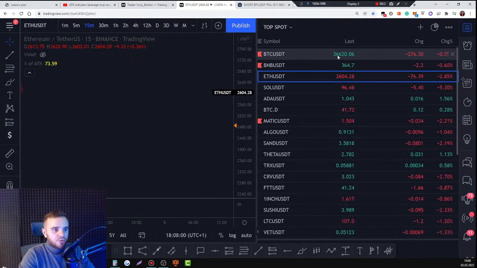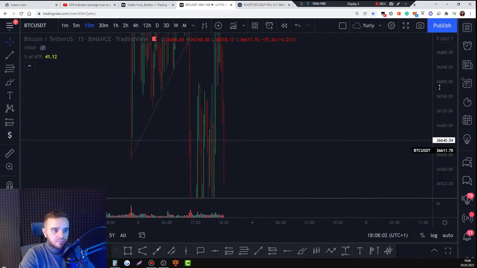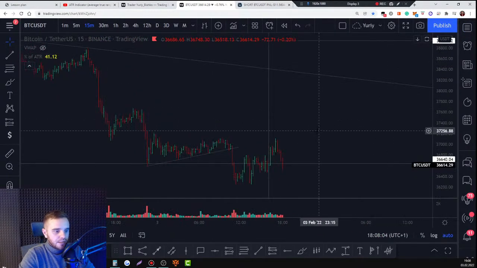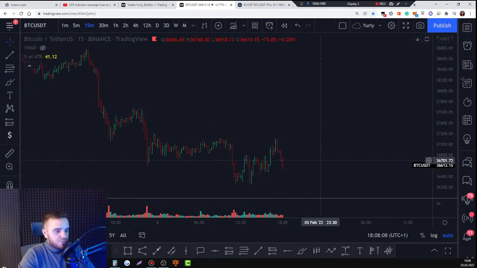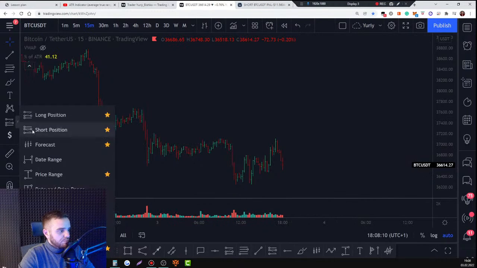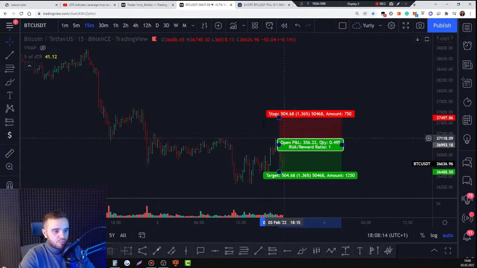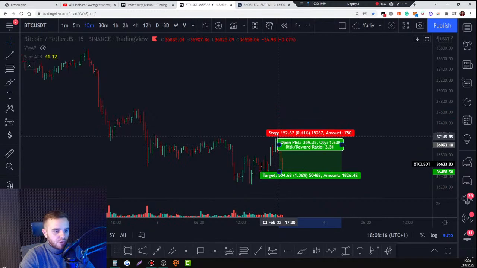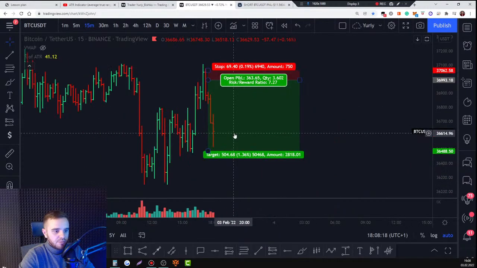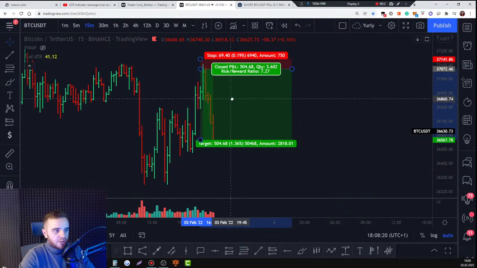Because let's imagine a situation. We took a Bitcoin short trade, and our stop loss was only 0.2%. We found the best trade situation in a footprint.